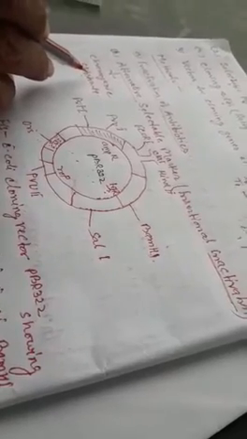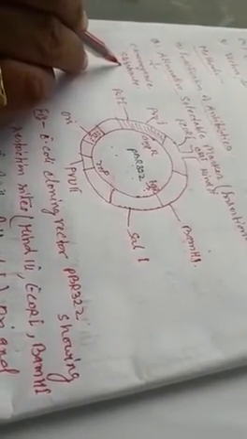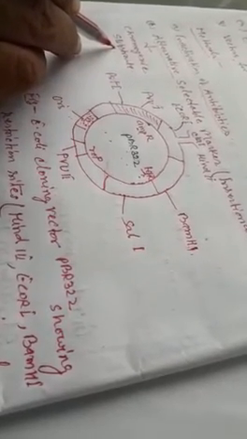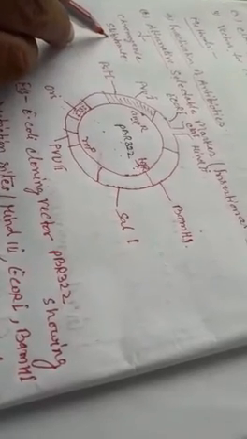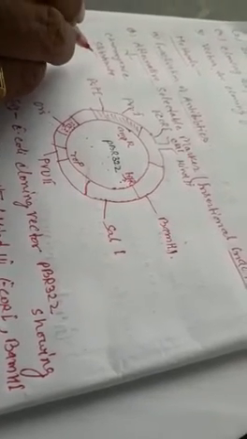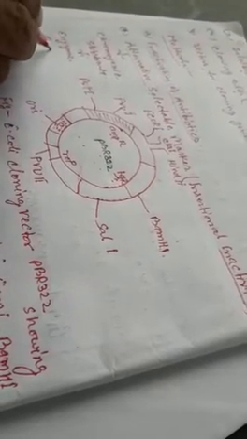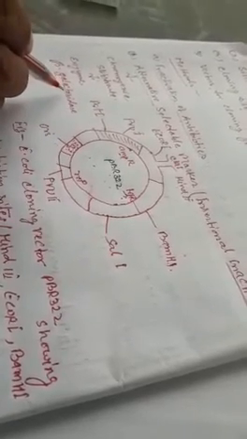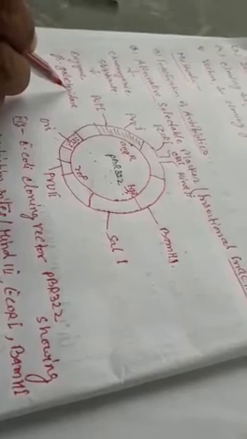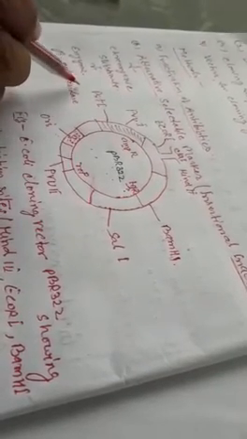Here a recombinant DNA is inserted within the coding sequence of an enzyme beta galactosidase, which results in inactivation of the enzyme, and hence there is no conversion of substrate to product.